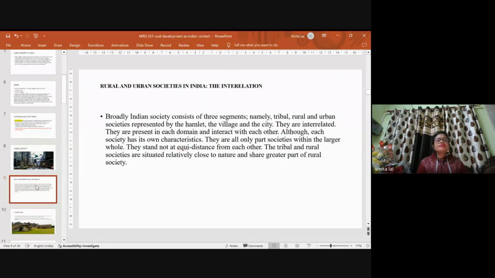Rural areas gain benefits from urban development, such as markets, farm inputs, employment, and opportunities. They are all only parts of society within the larger whole, and they do not stand at equidistance from each other. Tribal and rural societies are very close to nature, but not urban society.